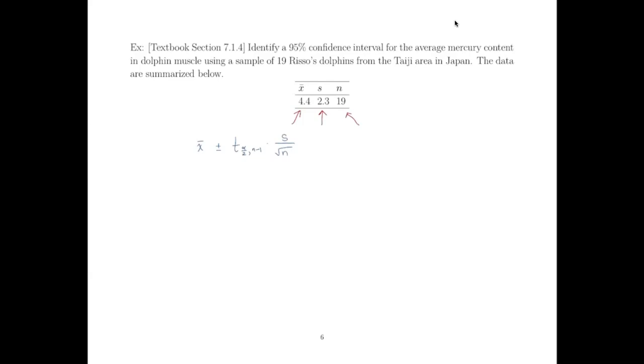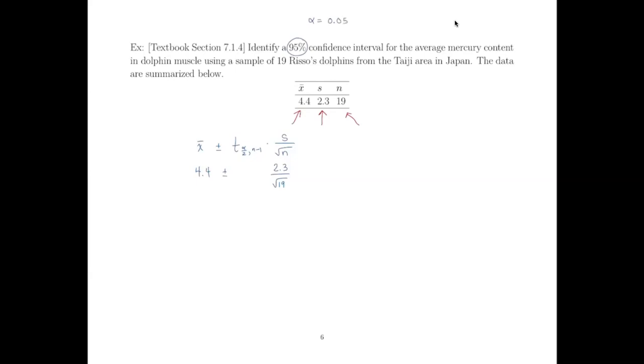Okay, so from there, we just need to plug some pieces in. We can plug in the x bar, that's not so bad, 4.4. The s is 2.3 divided by the square root of n, which is 19. But here, this t, we're going to have to do a little bit of extra work. First of all, if this is a 95% confidence interval, that means my alpha is going to be 5%, right?